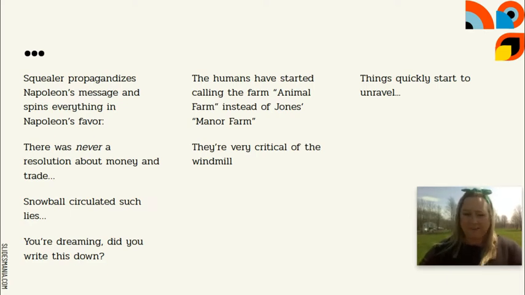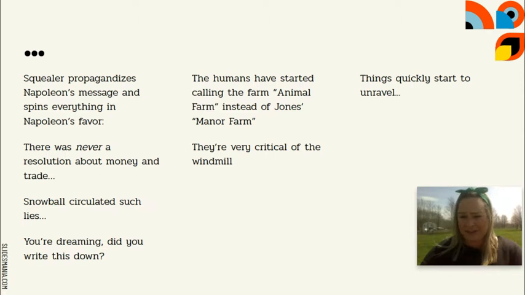He tells them that there was never a resolution that Old Major suggested about money and trade. Snowball is the reason that they believe this to be so, and Snowball circulated lies on the farm.